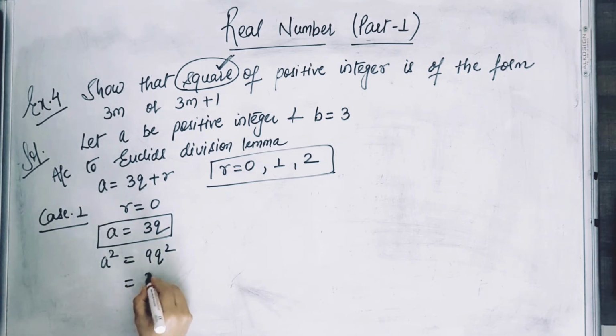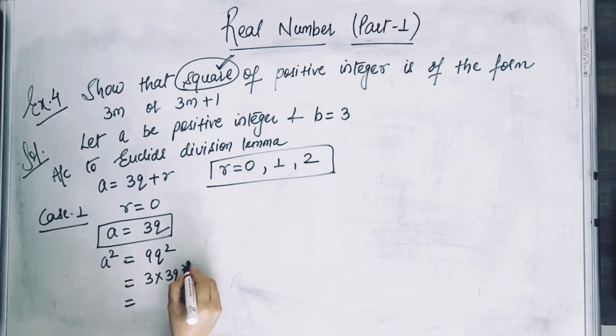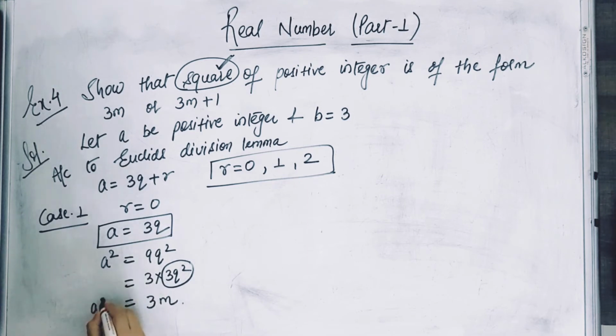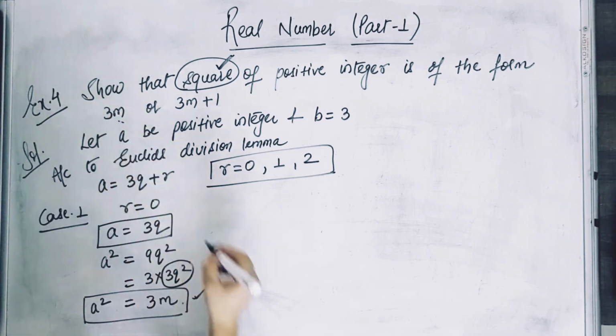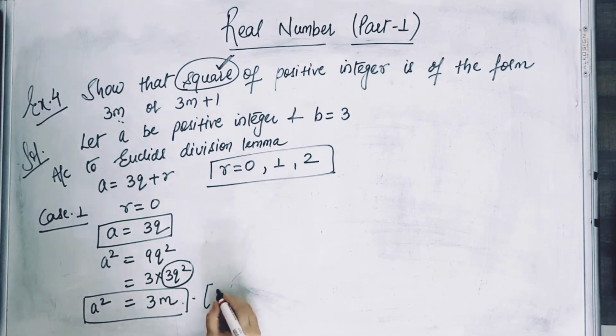This 9q square can be written as 3 into 3q square. We'll assume 3q square to be m. Thus a square can be written as 3m. Because in the question they have assumed m only. Whatever integer they suppose, we have to assume that integer in our solution also. So here 3q square we assume to be m.